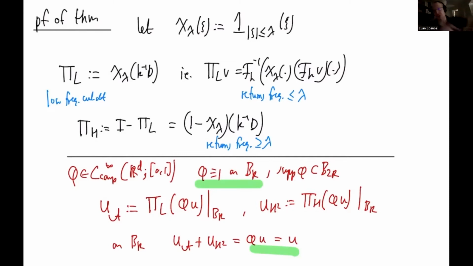Going back to the finite element world, you choose R big enough to contain the place in space where you want to know what the solution is.